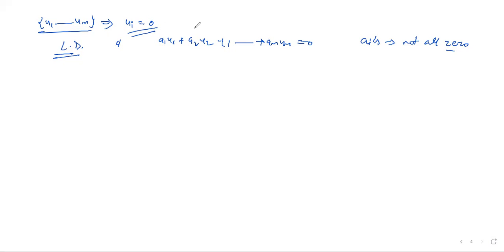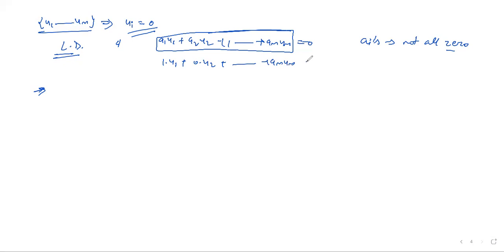Now I put all the scalars as 0 except one. This can be linearly dependent, because the sum of this set became 0. But there is one condition: 1 times u1, 0 times u2, plus up to 0 times um equals 0.